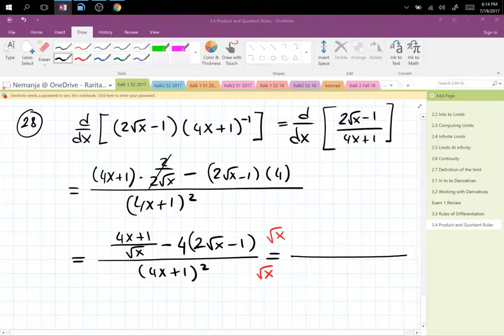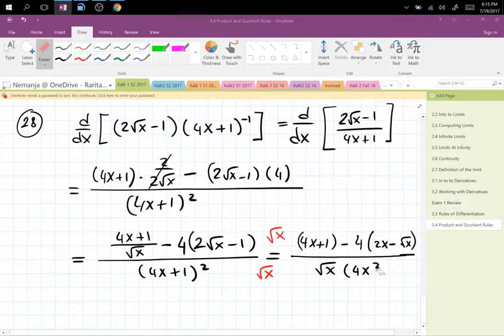And we get 4x plus 1 minus 4, and when I multiply square root of x through, I get 2x minus root x. And then on the denominator we have root x times 4x plus 1 squared.